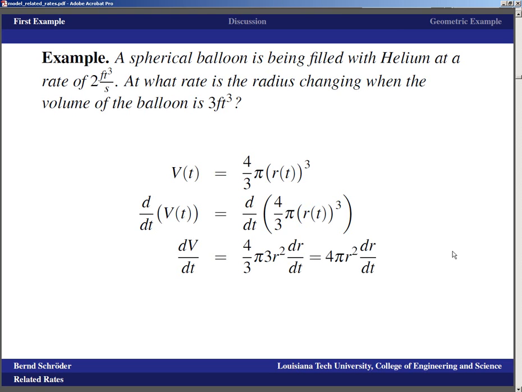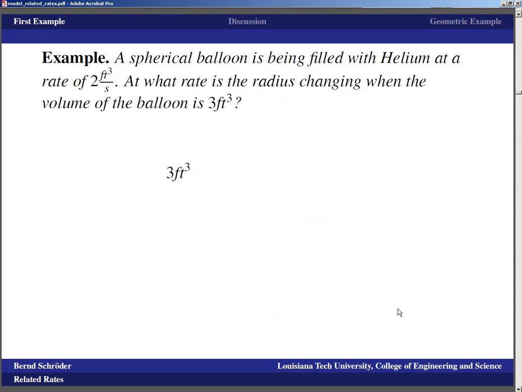You simplify that, that's 4 pi r squared dr/dt. What are we interested in? We're interested in the rate at which the radius is changing, so we're interested in dr/dt, so we solve for dr/dt, that's 1/(4 pi r squared) dV/dt.